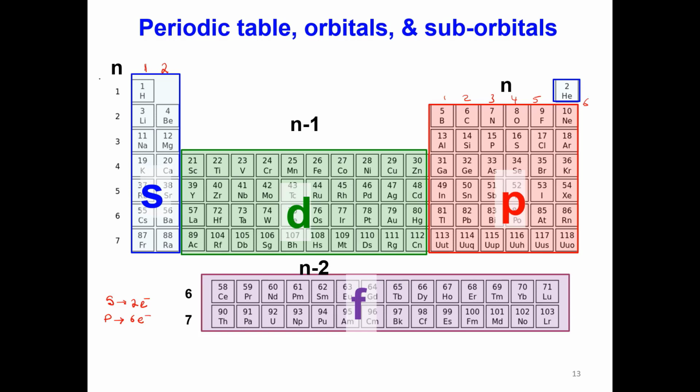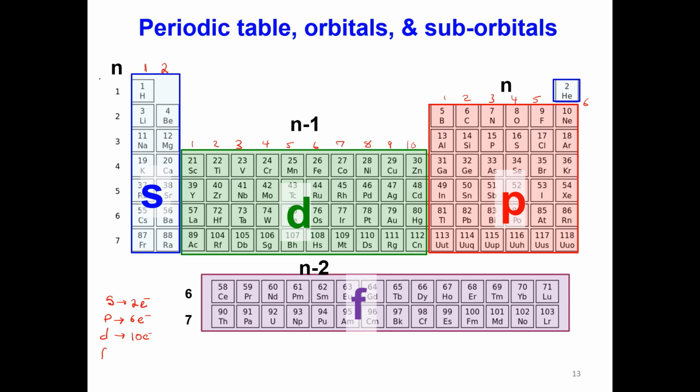Also, the D shell can hold up to 10 electrons. And this is why the D block has 10 columns. Then we have 1, 2, 3, 4, 5, 6, 7, 8, 9, 10.